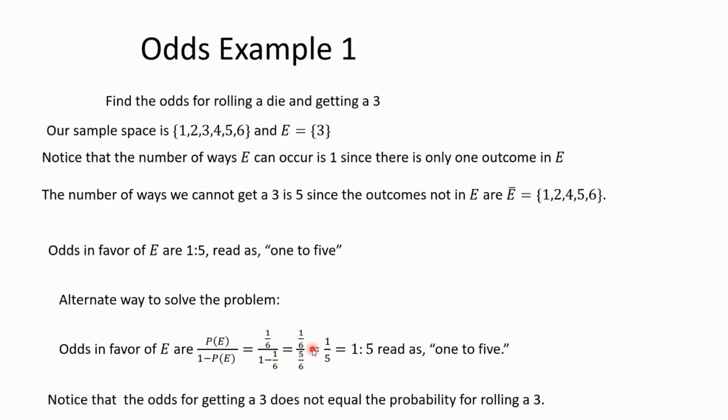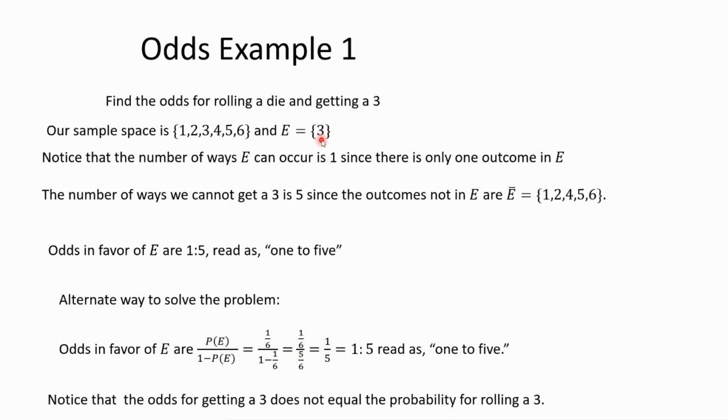This is equal to 1 over 6 divided by 5 over 6. And we get 1 over 5, and so we write it as a ratio, 1 to 5. This is true based on the first slide I showed you in this chapter. Basically, if you have a fraction over a fraction and the top and bottom fractions have the same denominators, those denominators cancel. And that's essentially what's happening here.